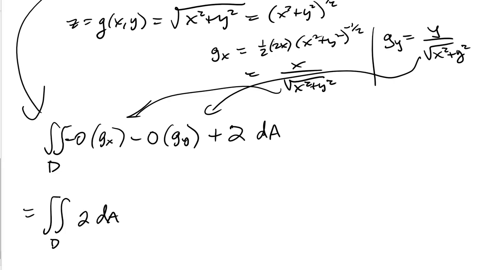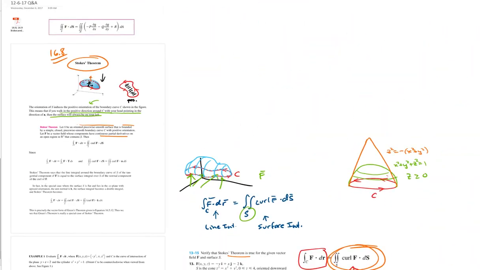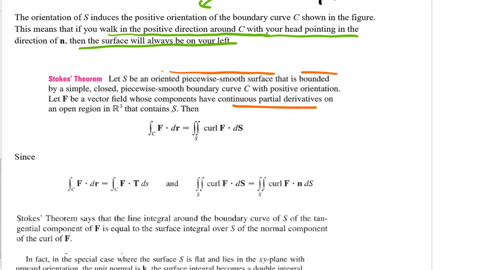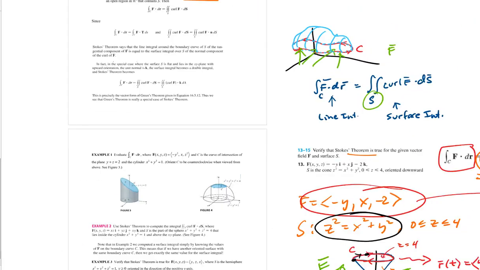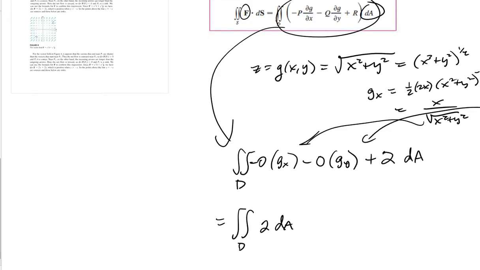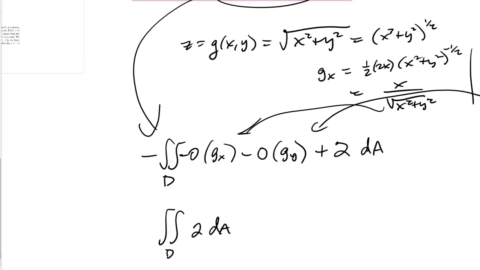Now, it's not quite what we need just yet because in order to use Stokes' theorem, sorry, I'm probably making you dizzy by going back and forth like this. In order to use Stokes' theorem, C has to be positive orientation. So if it's a negative orientation, you have to multiply by a negative. So you multiply all this by a negative, and so we get a negative outside.